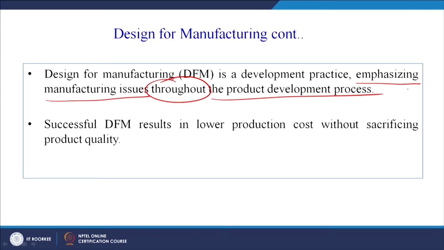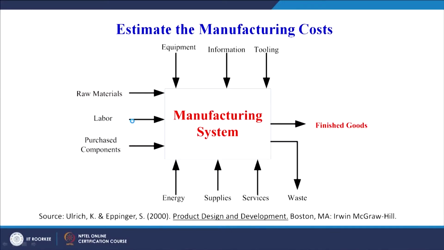So throughout the product development process, the expertise of the manufacturing personnel employed with the company is utilized, and therefore the iteration of the design being sent back from the shop floor to the design cell can easily be avoided. Now, successful DFM results in lower production cost without sacrificing product quality. So we must ensure successful DFM implementation because it will lead to good product quality.